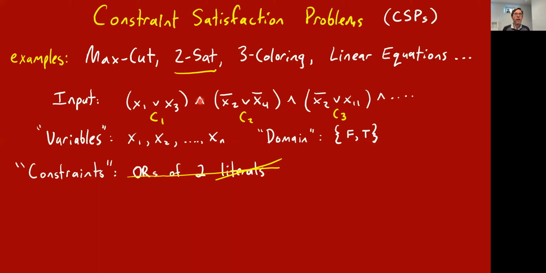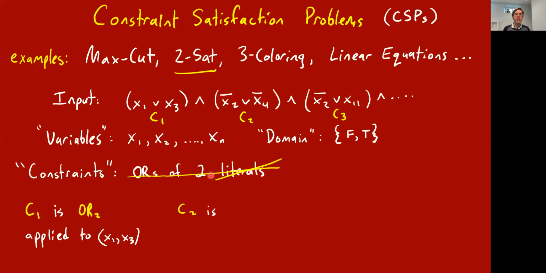So in my little example here, let me call the clauses or constraints, as I'll start to call them, C1, C2, C3, and so forth. So let's take a look at C1. C1 is nothing too funny. C1 is the OR function, or the OR predicate, or the OR constraint, or the OR relation. Those are all synonyms, applied to variables x1 and x3.